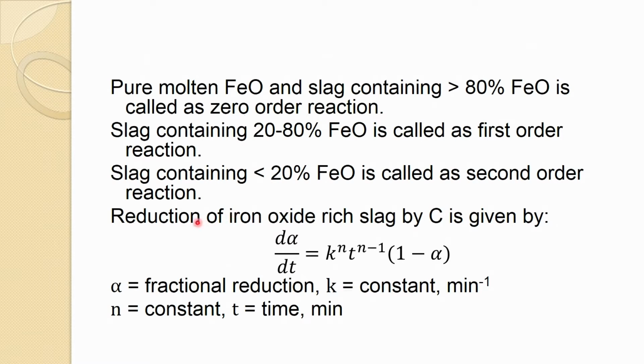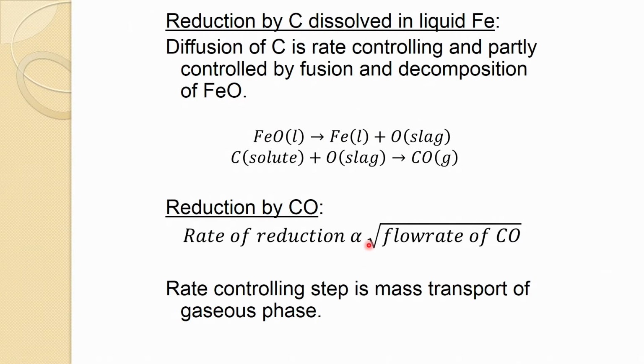And usually this iron oxide rich slag with carbon kinetics is represented by this equation, where n is a constant, t is the time, alpha is the fraction reduced, and k is a constant, which one has to determine experimentally. So, it is a quite complex reaction in the liquid state, and not a very definite kinetic which is established, because it depends on many parameters.